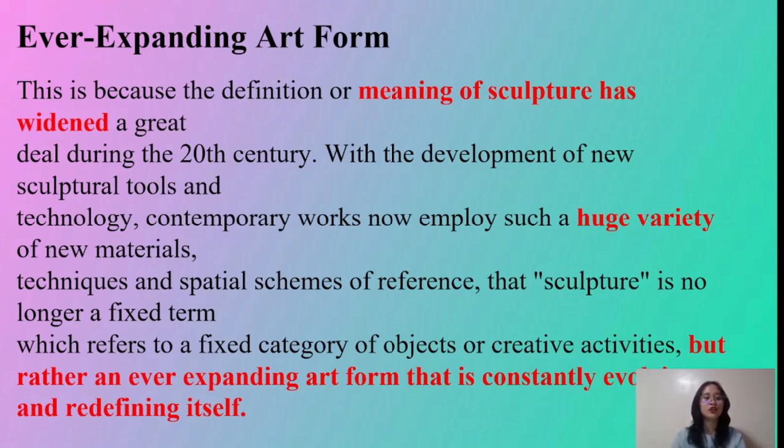With the development of new sculptural tools and technology, contemporary works now employ such a huge variety of new materials, techniques, and spatial schemes of reference that sculpture is no longer a fixed term referring to a fixed category of objects or creative activities, but rather an ever-expanding art form that is constantly evolving and redefining itself. In simple words, as time goes by, we develop how we live. We became more technologically advanced.